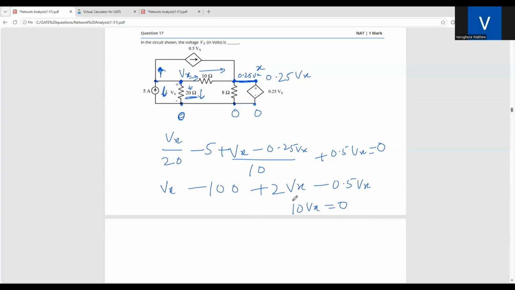So 10 plus 2, 12, plus 1, 30 minus 0.5, 12.5. 12.5 Vx is equal to 100. So Vx is equal to 100 by 12.5, which is 8 volts. So Vx is 8.